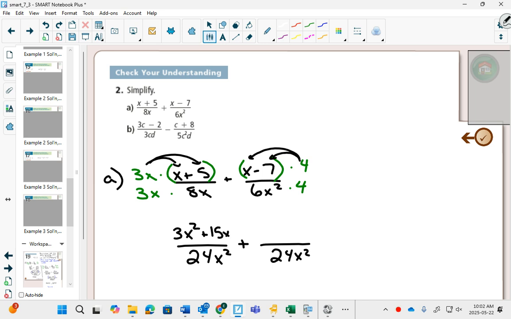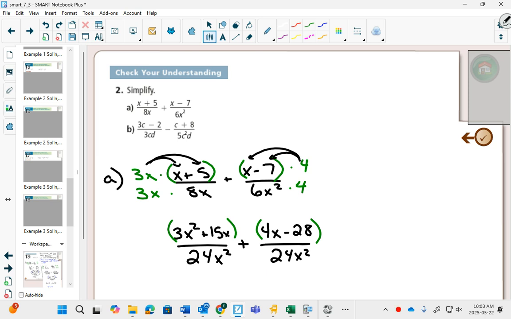And when I distribute here, I'm going to get 4x minus 28. And again, that would be grouped as a single factor.